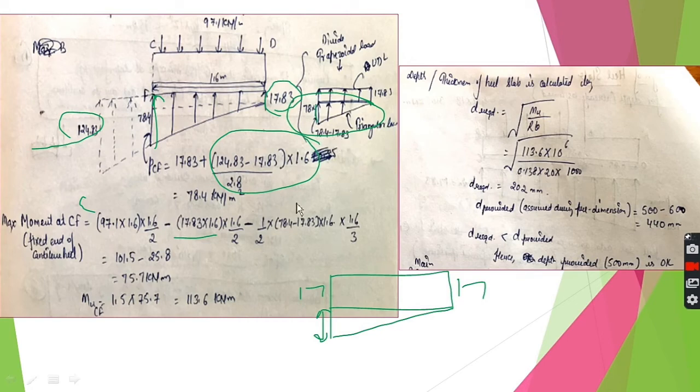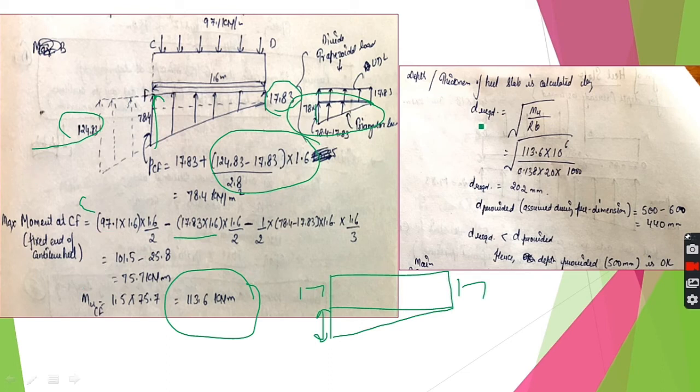This is the total UVL, that is triangular load, into the lever arm. The lever arm will be the centroid of this triangle, which is 1.6 divided by 3. So solving this, we get the value of moment at CF to be 75.7 kilonewton meter, and we multiply it by 1.5 to get the design value. So the maximum bending moment value at the fixed end of heel slab is 113.6.